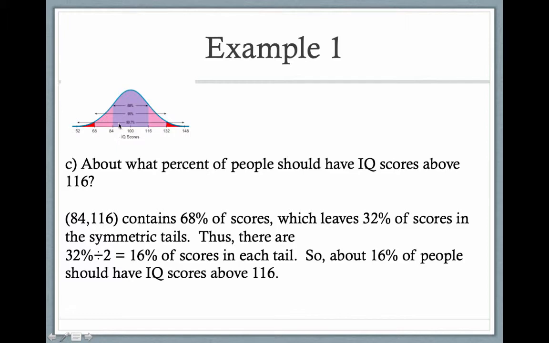So we can divide by 2 due to symmetry, and we get 16%. So we have 16% down here and 16% up here. So above 116, we would expect about 16% of people. Now below 116, just for fun, we would do 68% for the middle portion plus 16% for this lower tail, and we would get 84%.